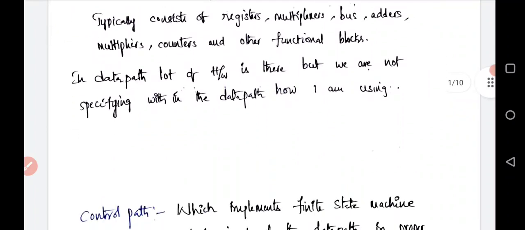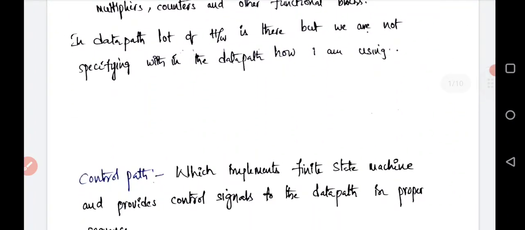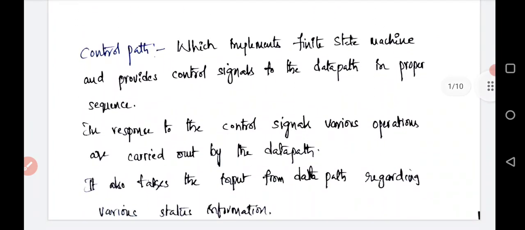For that purpose, another path comes into the picture, that is the control path. The control path is like a finite state machine which produces some control signals to the data path to perform operations in a sequential manner.